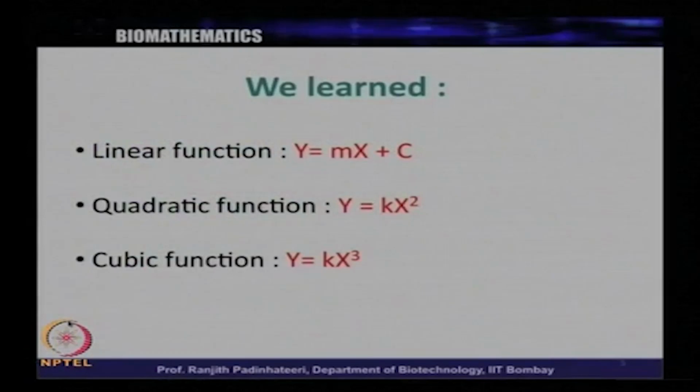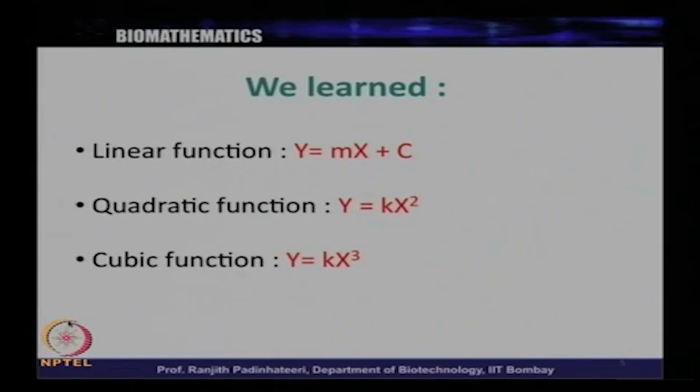Now, we saw many functions like the linear function y equal to m x plus c. We saw quadratic functions, y is equal to k x square, like energy in a spring or the surface area. They are all quadratic functions; for example, surface area of an organism is a quadratic function of its radius.